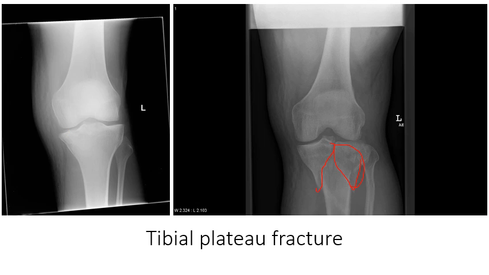Even a little speckle of increased bone density can indicate a tibial plateau fracture. Tibial plateau fractures can be on the lateral side or the medial side, so you need to mention whether it is a lateral or a medial tibial plateau fracture.